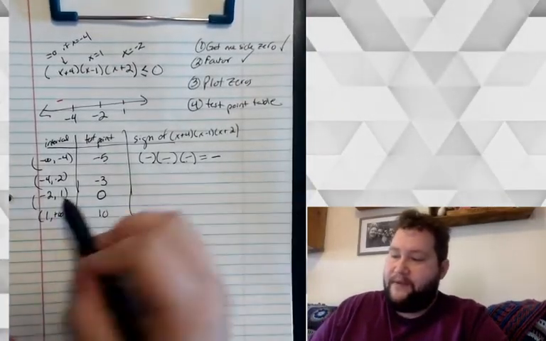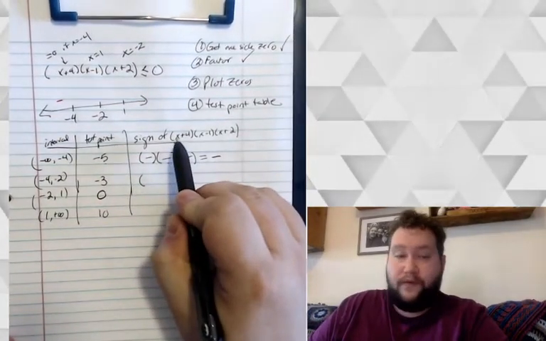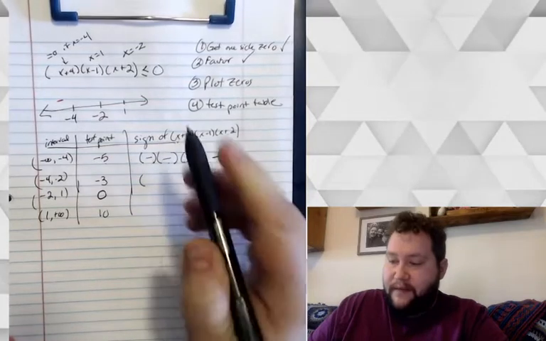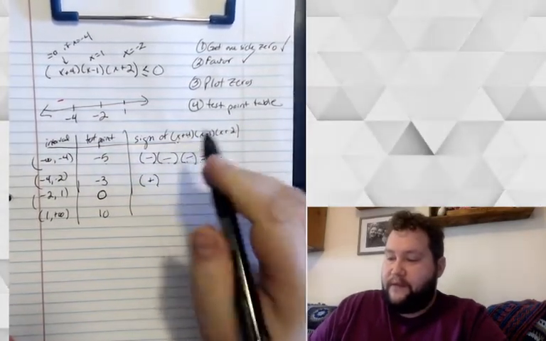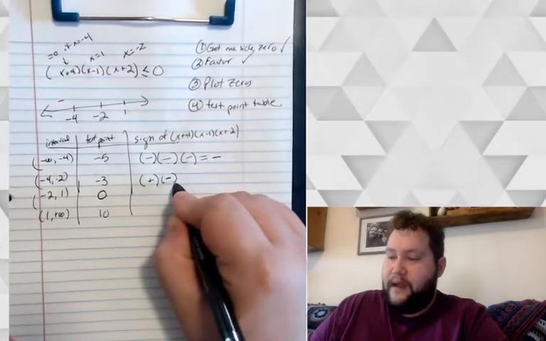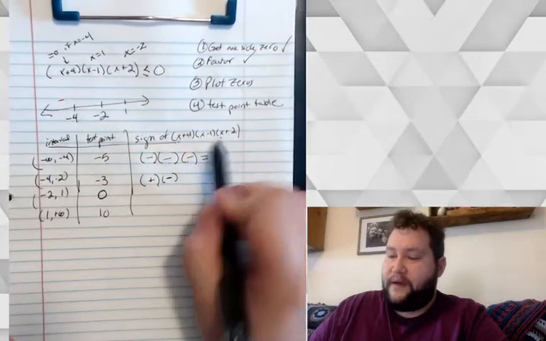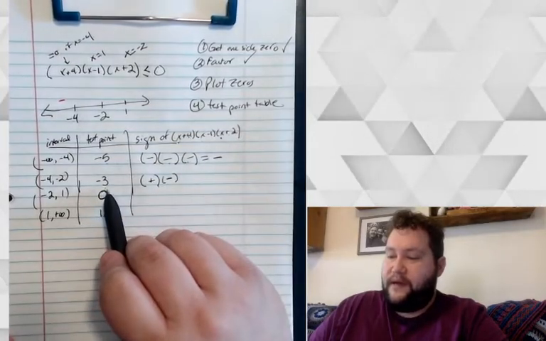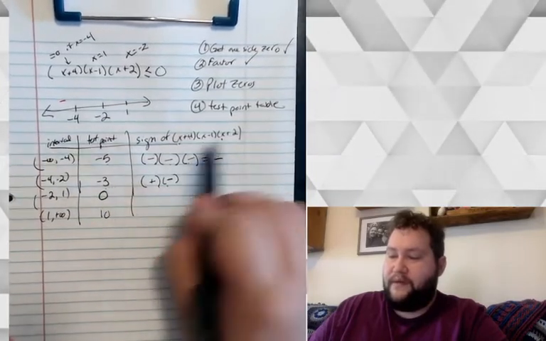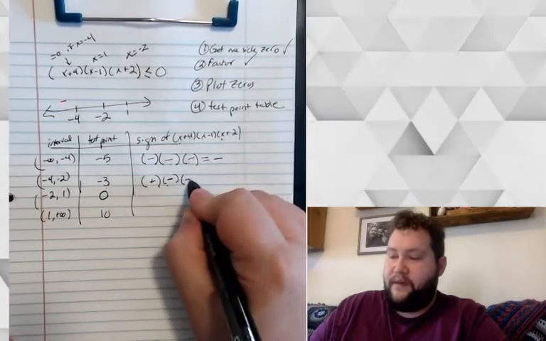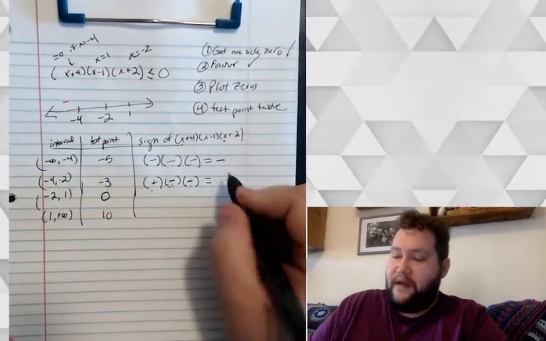If we pick negative 3, here x plus 4, negative 3 plus 4 is 1, so that's positive. Negative 3 minus 1 is negative 4. And then negative 3 plus 2 is negative 1. So we have a positive times a negative times a negative, which is a positive.